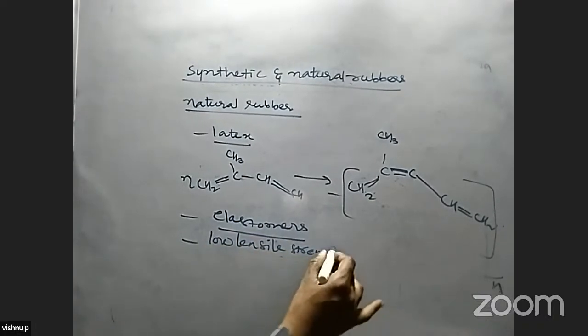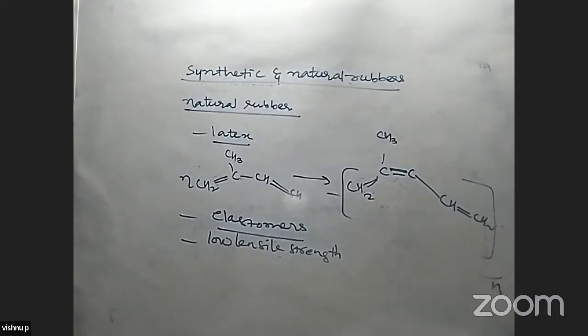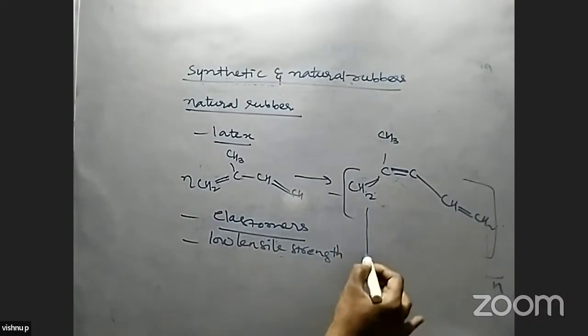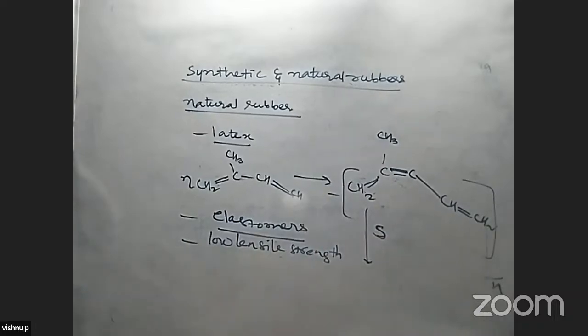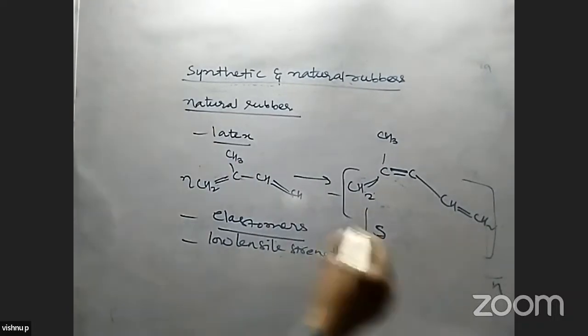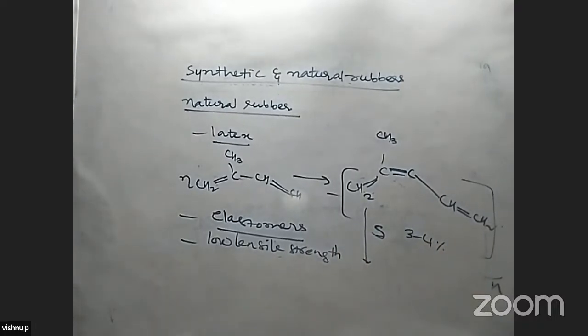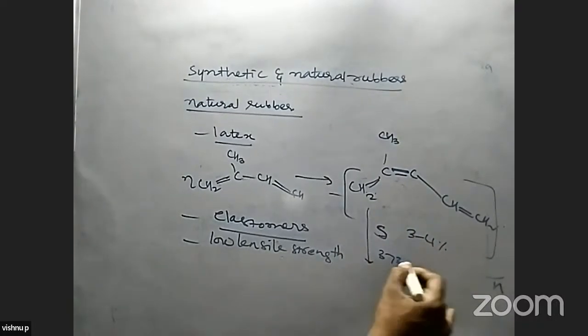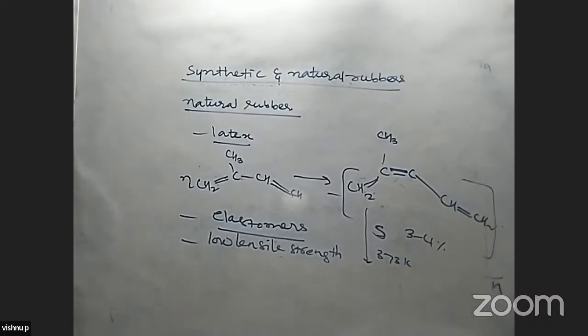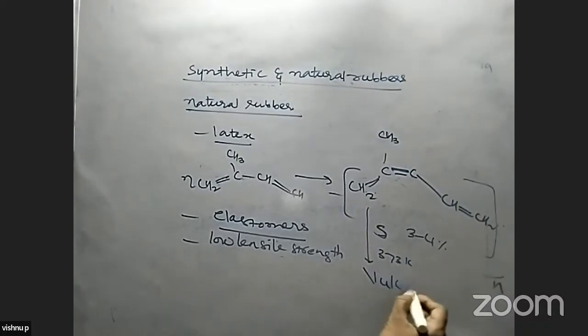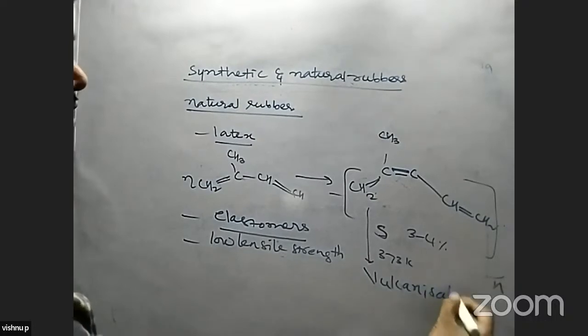When heated, it melts at low temperature, and it becomes brittle in nature. Because of this low strength, its strength is increased by mixing with sulfur. Some 3 to 4% of sulfur is mixed at 373 Kelvin temperature. That process is called the vulcanization of rubber.